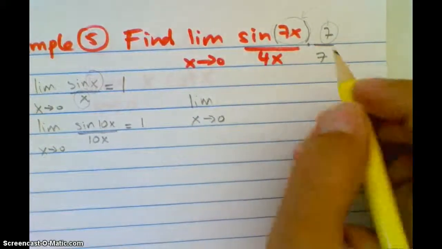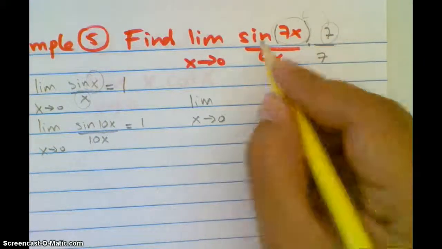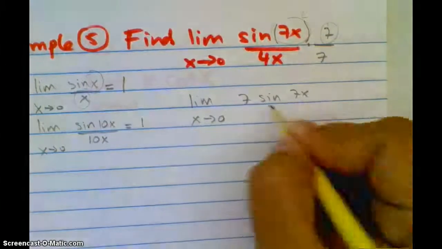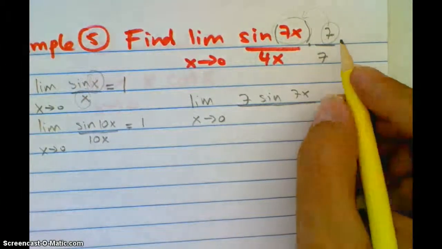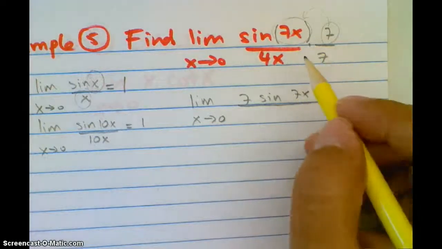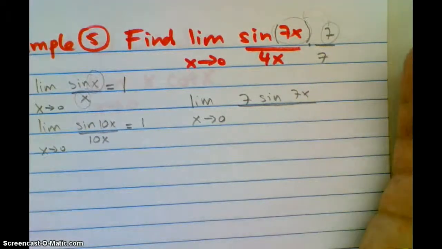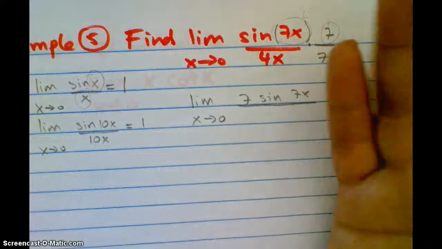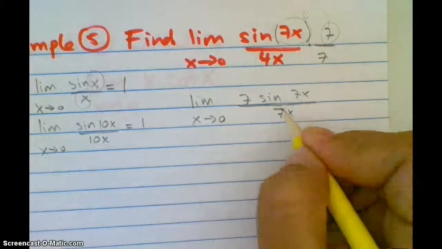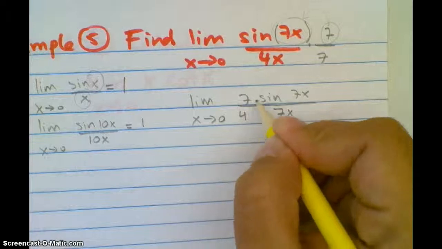This is not sine of 49x. Please don't do that. This would be 7 sine of 7x divided by, and now I have 4 times 7 times x, which I know is 28x, but I don't want 28x. I want to keep the 7 because that's the one I need.